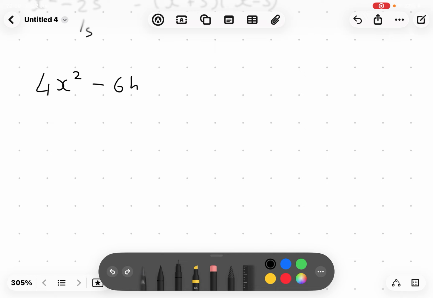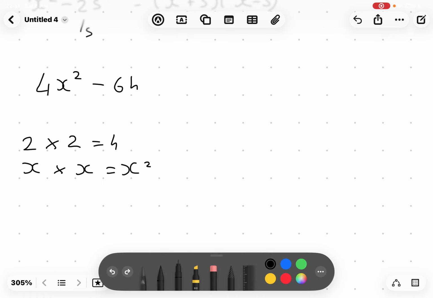I don't think I wrote this well, because it looks like only this part is squared, but this whole thing is squared. So 2 times 2 is 4, and x times x equals x squared, and that's what we have.